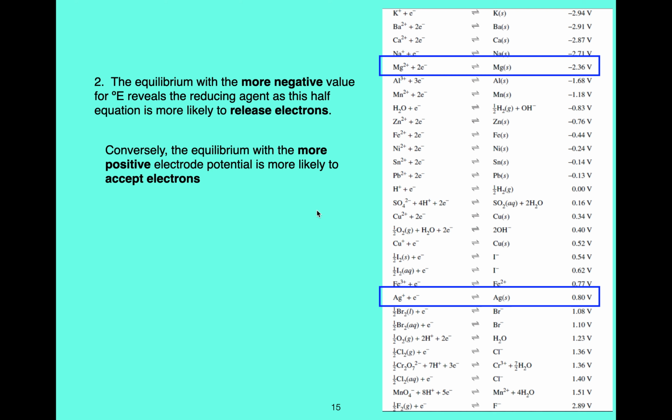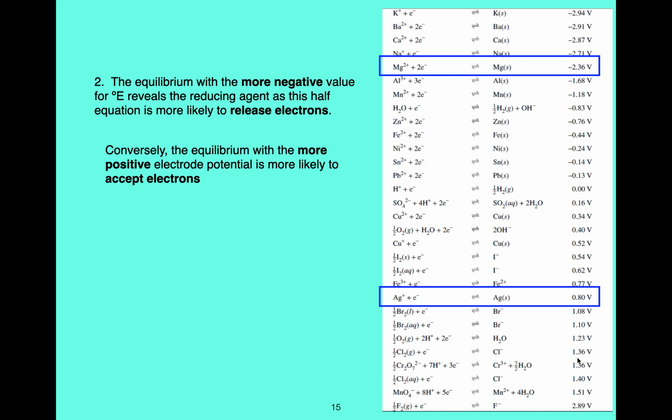Conversely, the more positive of the two electrode potentials reveals the species that's more likely to accept electrons. Okay, look at the species down here. We're talking about chlorine. It's more likely to accept electrons.